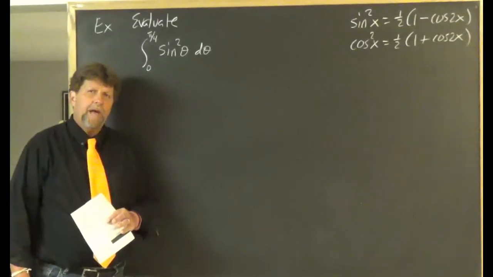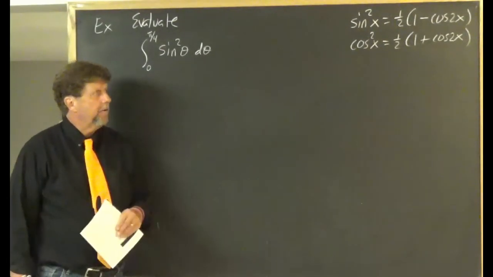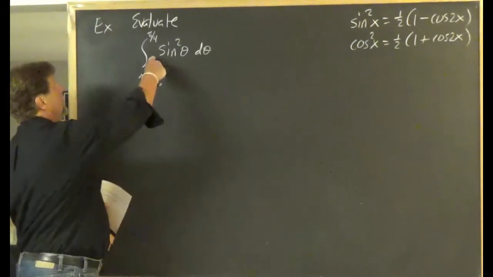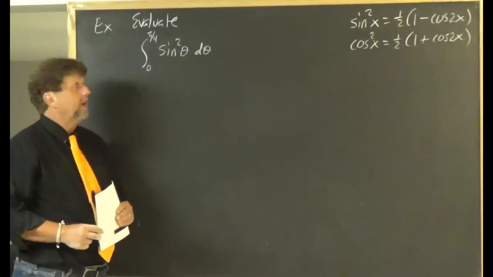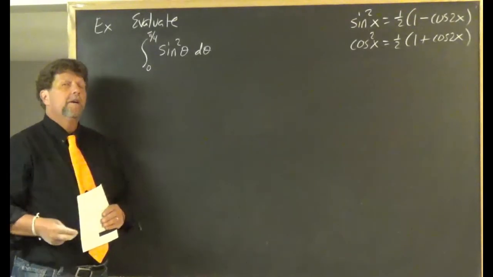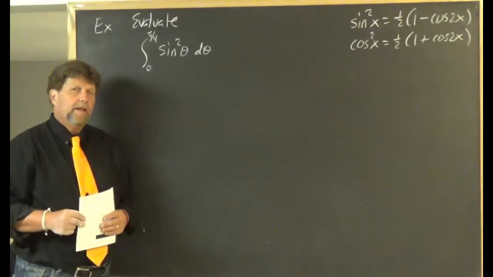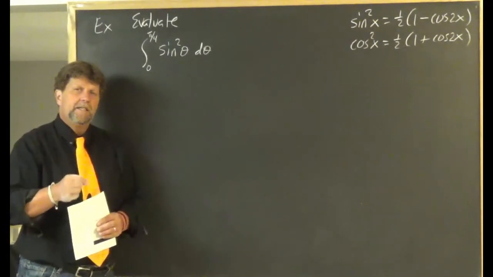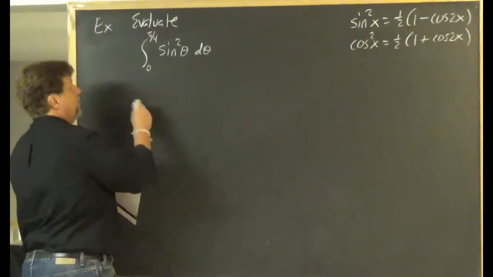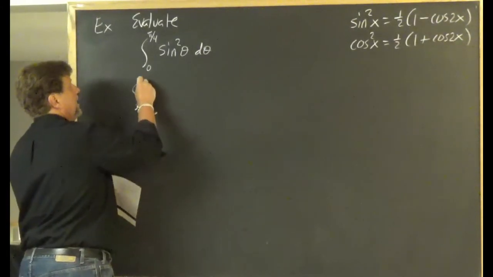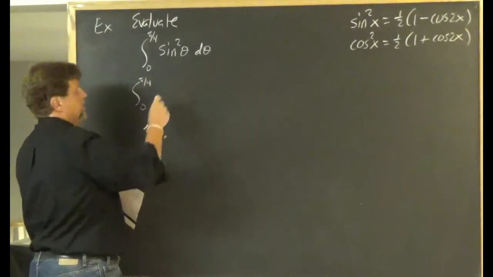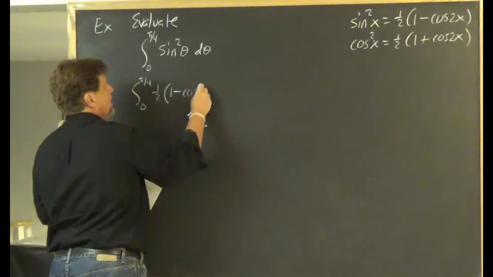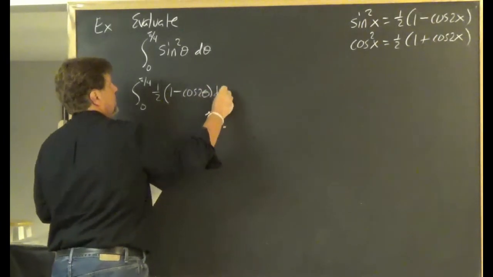All right, we reviewed the power reducing identities, and I wrote them over on the board up in the upper right hand corner. And we're supposed to evaluate this example. Evaluate the integral from 0 to pi over 4 of sine squared theta d theta. So this is where the power reducing identities come in handy. I can rewrite sine squared theta, thanks to the power reducing identity, as 1/2 times (1 minus cosine 2 theta) d theta.